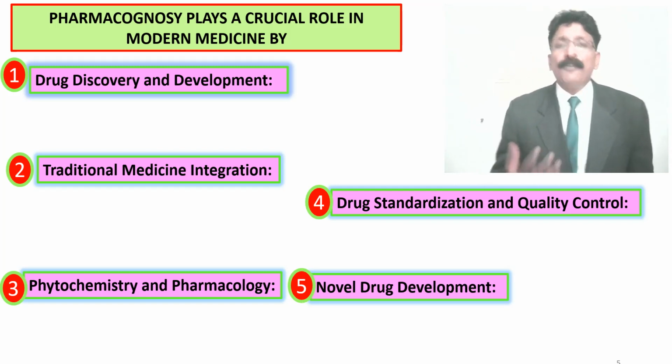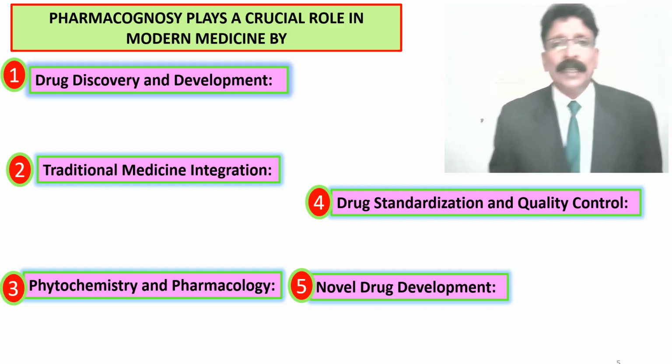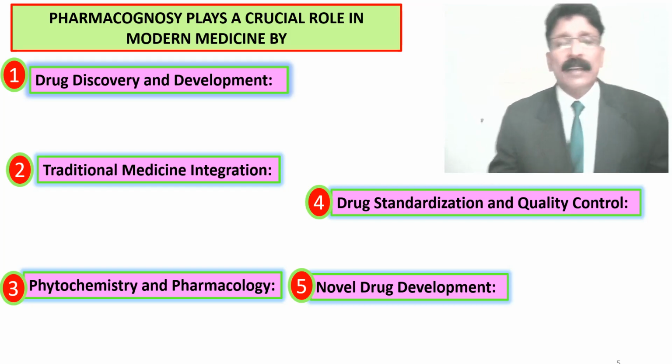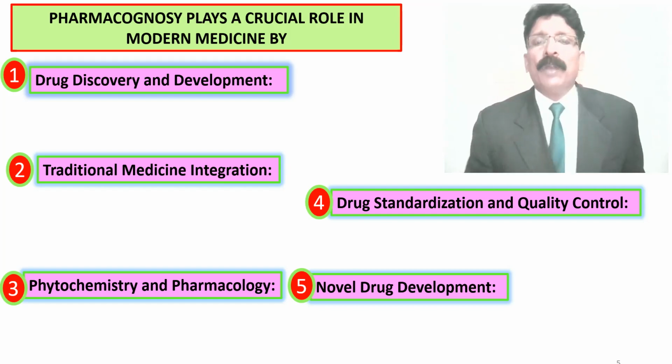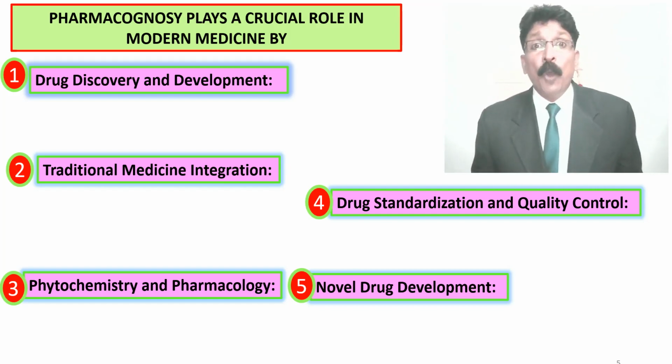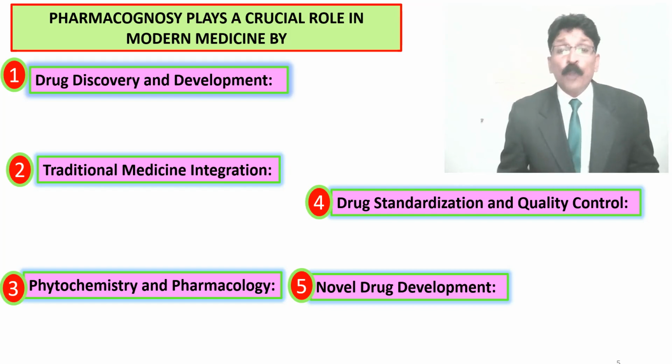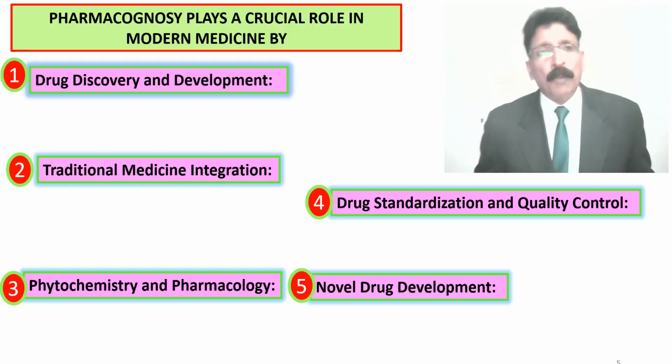If you want to prepare a synthetic drug, you need the basic biosynthetic pathways, and the chemistry background of the structure of the natural compound will give support for any synthetic compound to be manufactured.